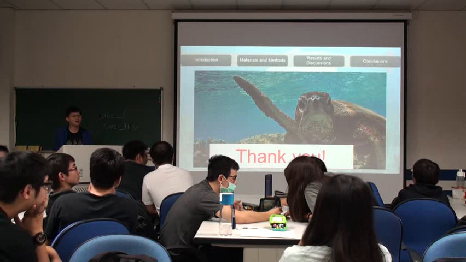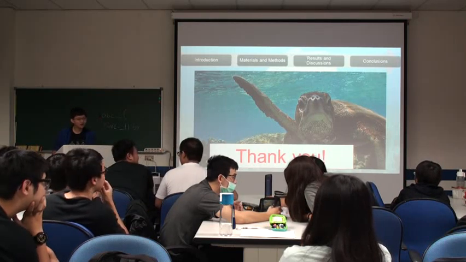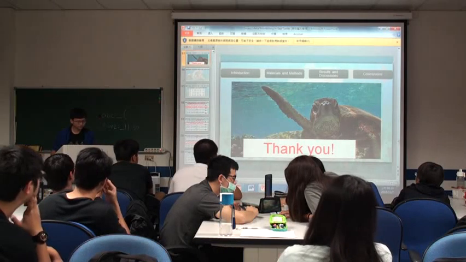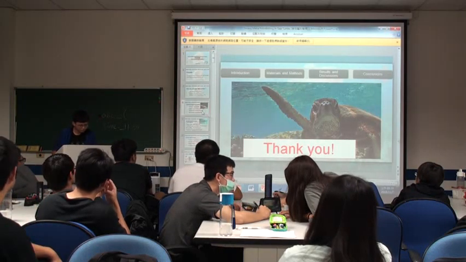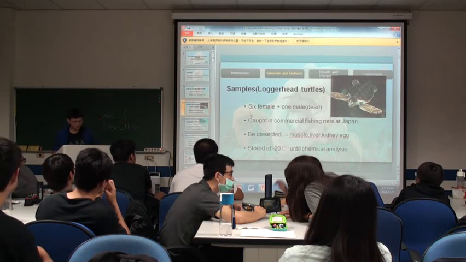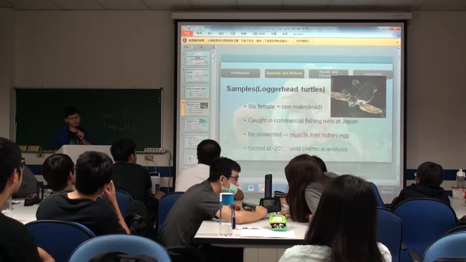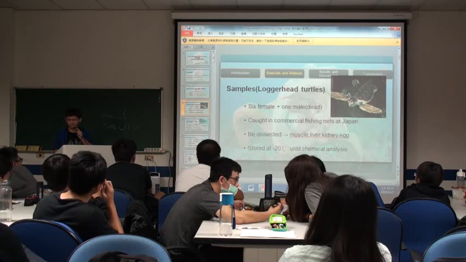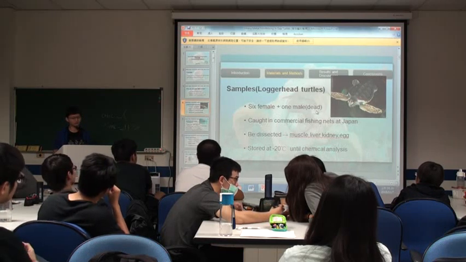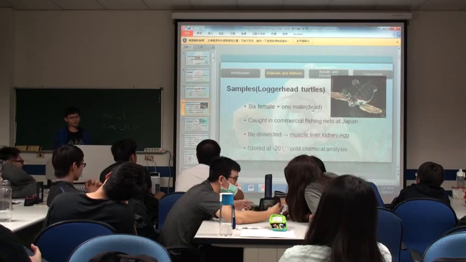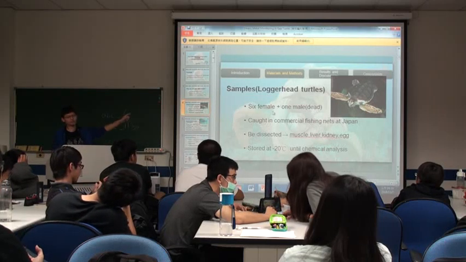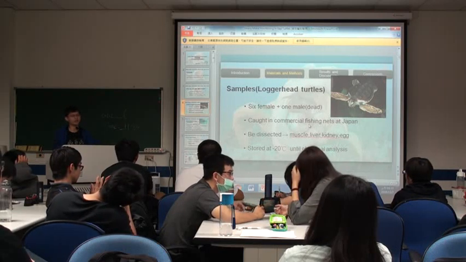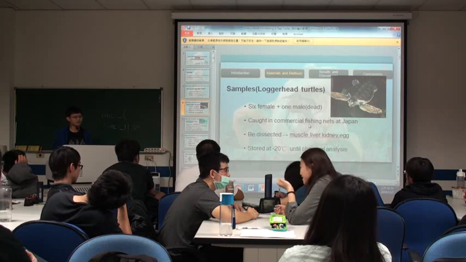In the introduction, you mentioned that there is a male turtle that is dead. What does that mean? Seven loggerhead turtles were caught in fishing nets, so they died.